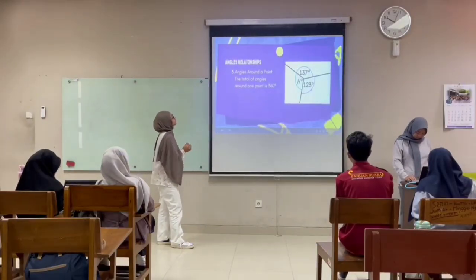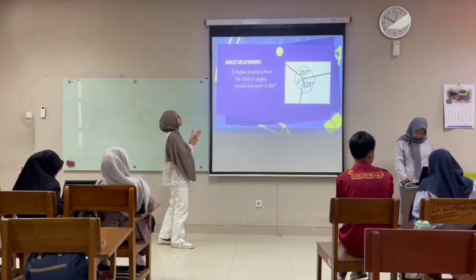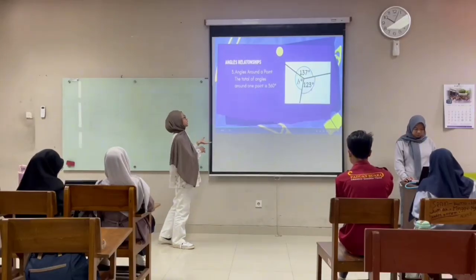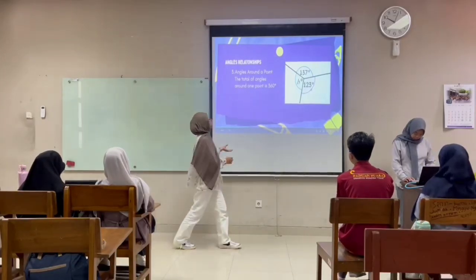Number 3 is angle relations around a point. The total of angles around one point is 360 degrees.